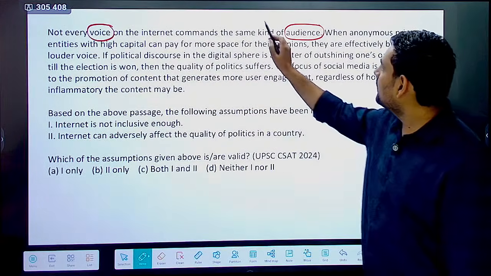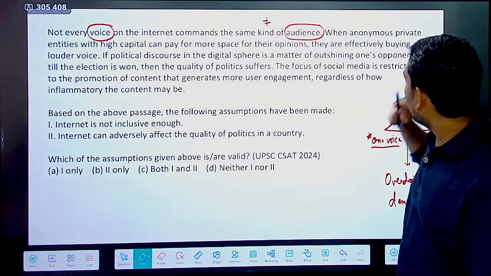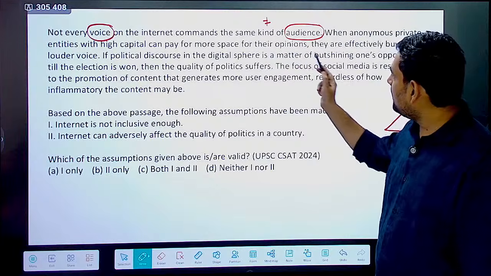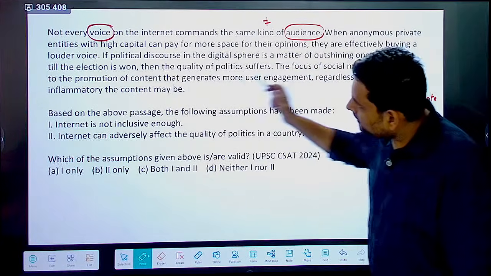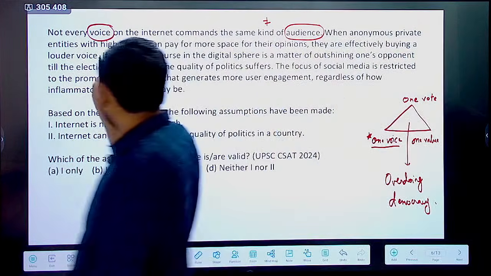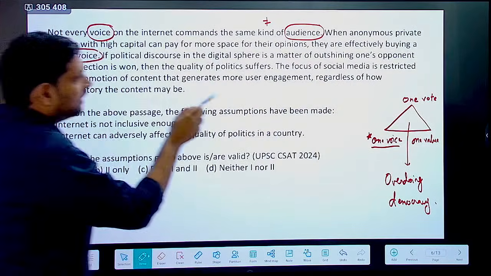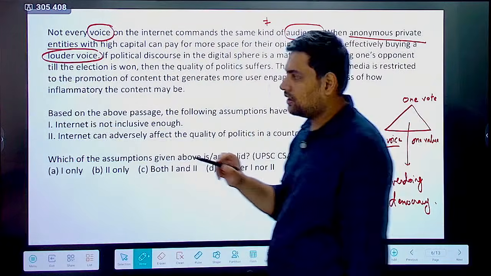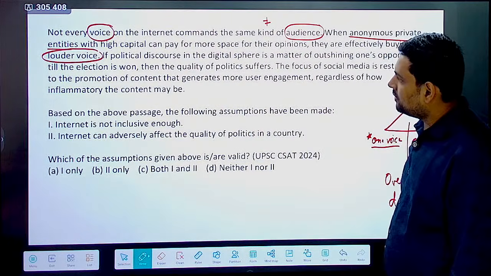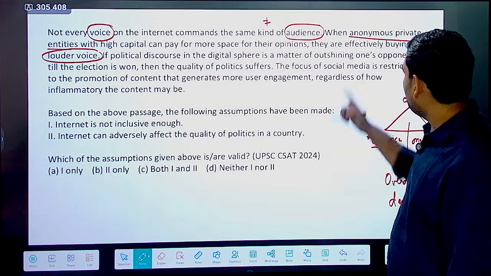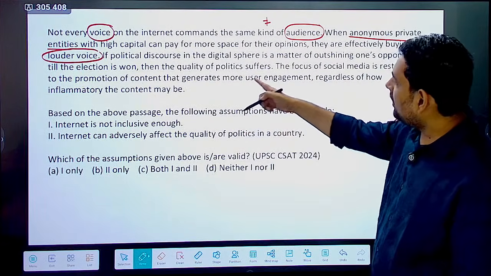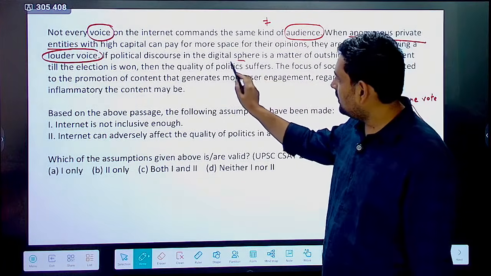Okay, then when anonymous private entities with high capital can pay for more space for their opinions, they are effectively buying a louder voice. Who is buying a louder voice? Anonymous private entities. Correct? Then if political discourse in the digital sphere is a matter of outshining one's opponent till the election is won, then the quality of politics suffers.